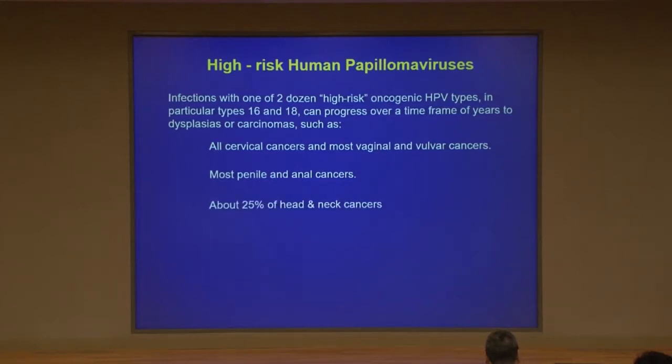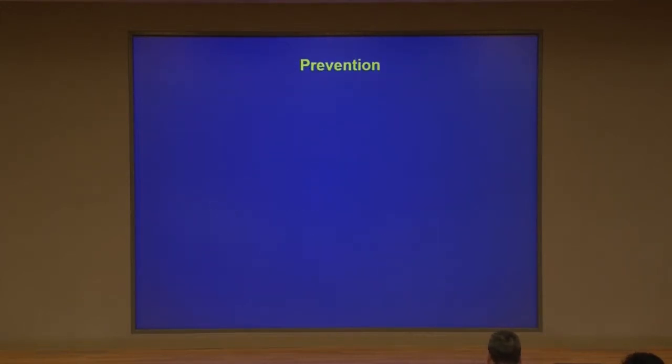And 25% or higher in different studies, up to 50%, of head and neck cancer is attributed to the high-risk virus, mostly HPV-16. Globally, it's estimated that about 500,000 people will die of HPV-caused cancer, mostly in resource-poor countries which have no early diagnosis or even any treatment.